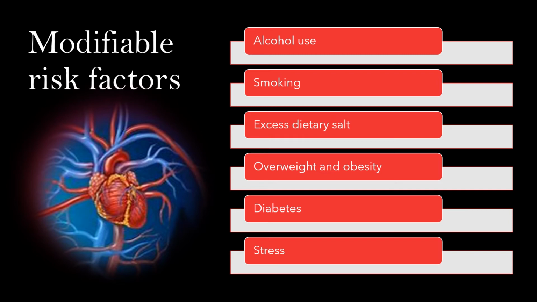So it is important that you maintain an adequate weight, and you should exercise to stay healthy. Diabetes also predisposes you to high blood pressure, and stress causes a whole lot of buildup in the brain and also increases one's risk of getting hypertension.